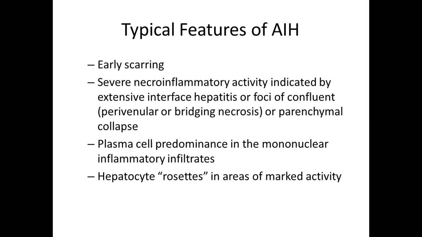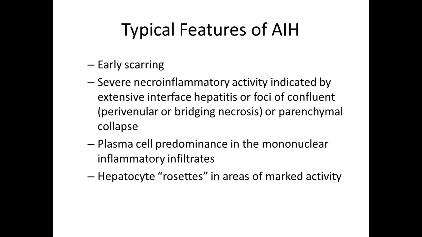Sometimes it is the only sign that we see in cases of autoimmune hepatitis. Or there may be foci of confluent necrosis, perivenular necrosis that spreads peripherally from the central vein, or bridging necrosis from central vein to portal tract, forming a bridge of necrotic hepatocytes.